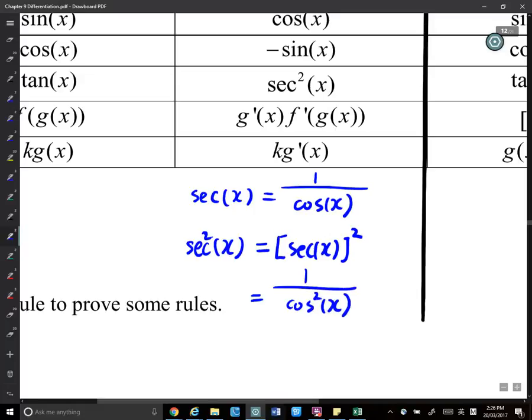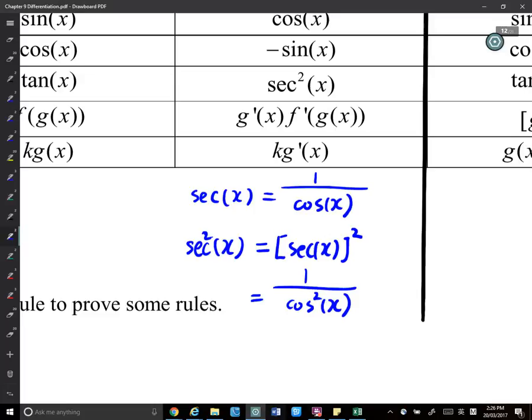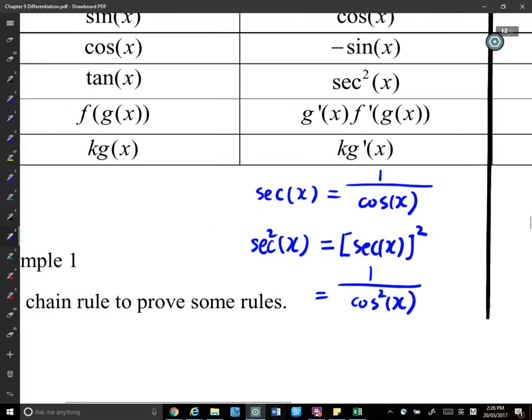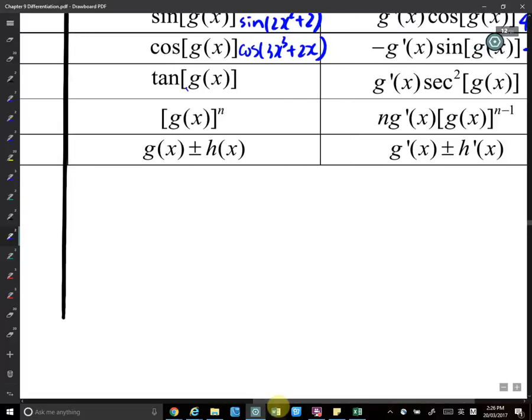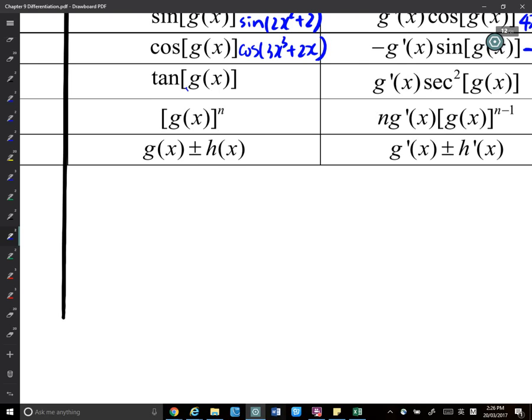It's 1 over cosine times 1 over cosine, which is 1 over cosine squared x. But we'll write that secant squared. So tangent will become secant squared x. So the derivative will be: derive the inside, change tangent to secant squared, and then still put the g(x) in the bracket.